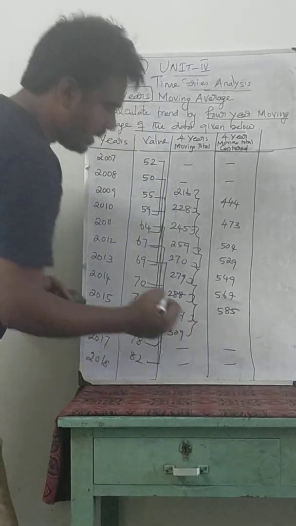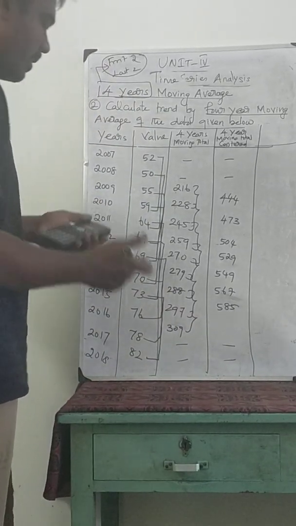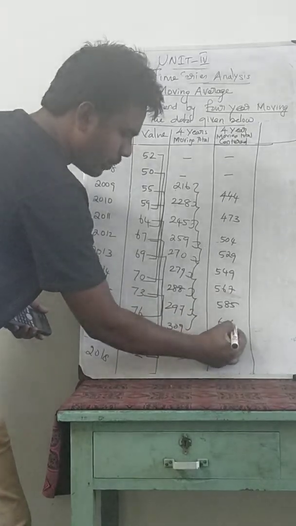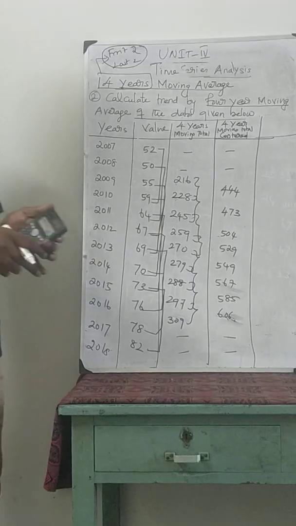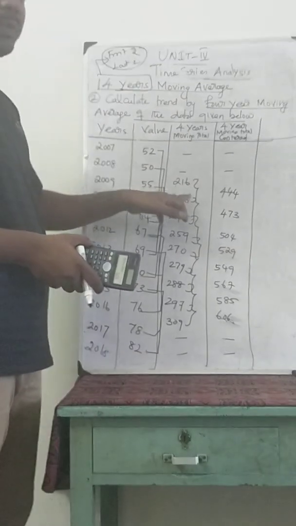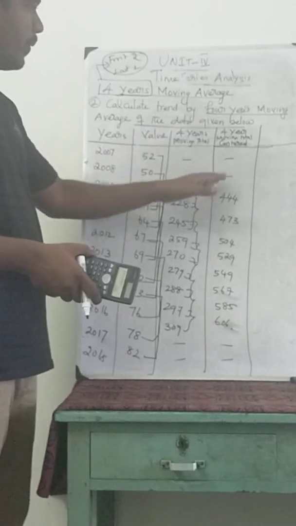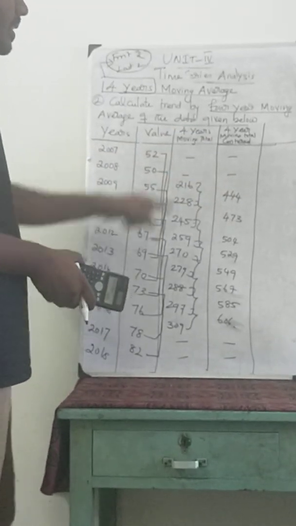The last one is 297 plus 309, 606. It should be in the center. Okay, still we have not found the 4 years moving average. This is a 4 years moving total. The two 4 years moving totals we have placed in between, and that is the center.